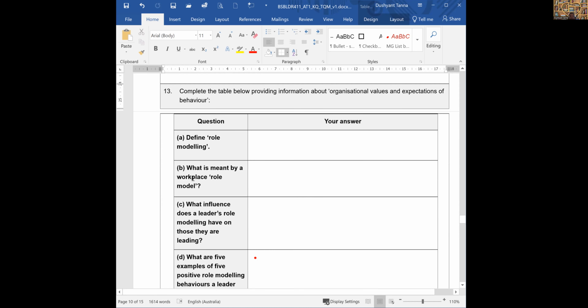What is meant by a workplace role model? So they are the people, the employees, the leaders, they are looked upon for any good idea, inspiration, for any encouragement and all that. This is what we mean by role model. Acting or following this is role modeling, and role model, again, let me find that for you.